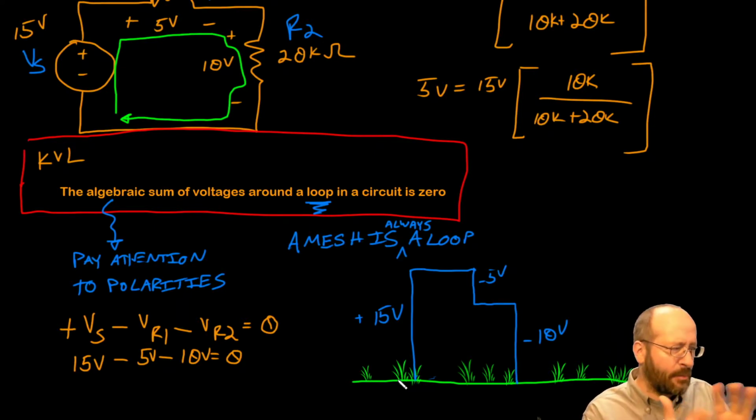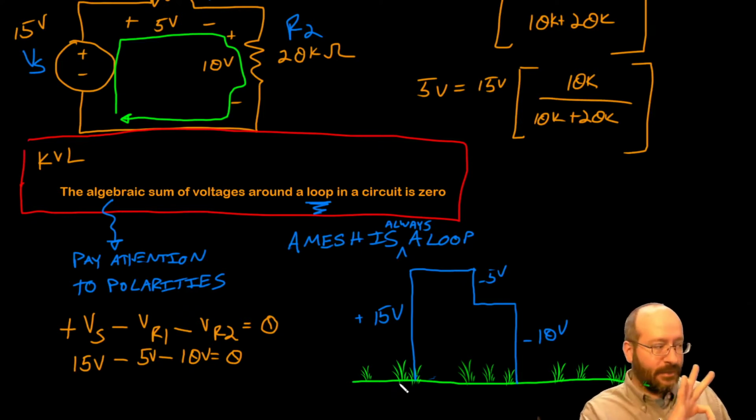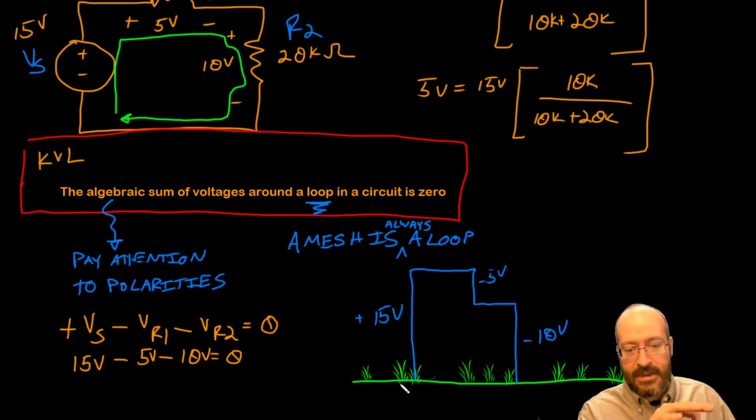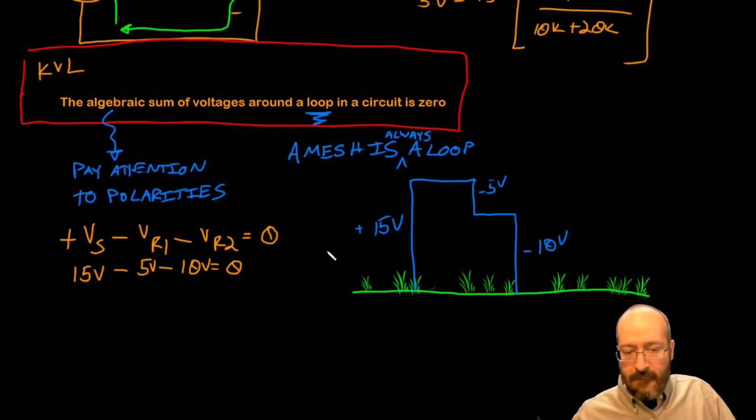The other thing I'll point out quickly is that I have 3 terms. There are 3 components in the loop: a voltage supply, a resistor, and a resistor. So there are 3 terms in the KVL.